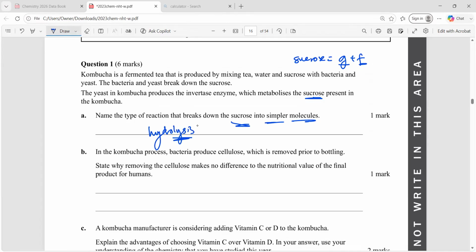Lysis means split and hydro means water, so we're basically using water to split the molecule up. It's actually in the name. Condensation is the opposite reaction, when we're turning simpler molecules into sucrose, and in condensation we are producing water. Okay, cool.